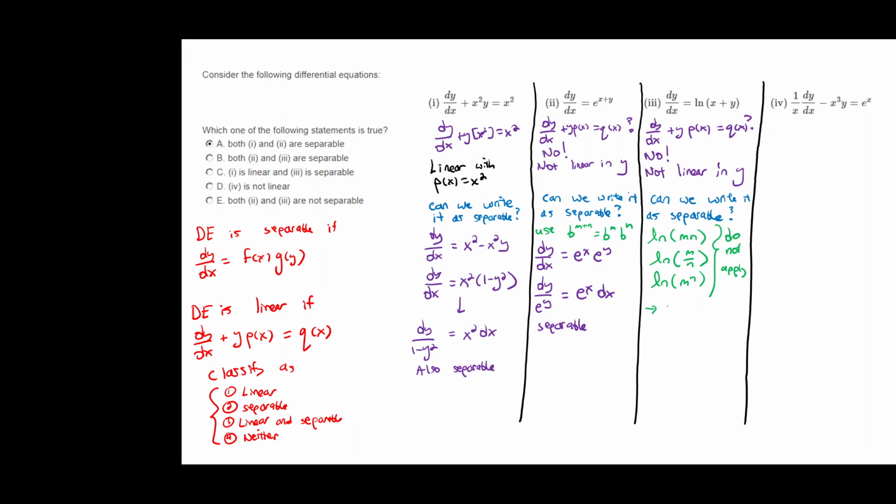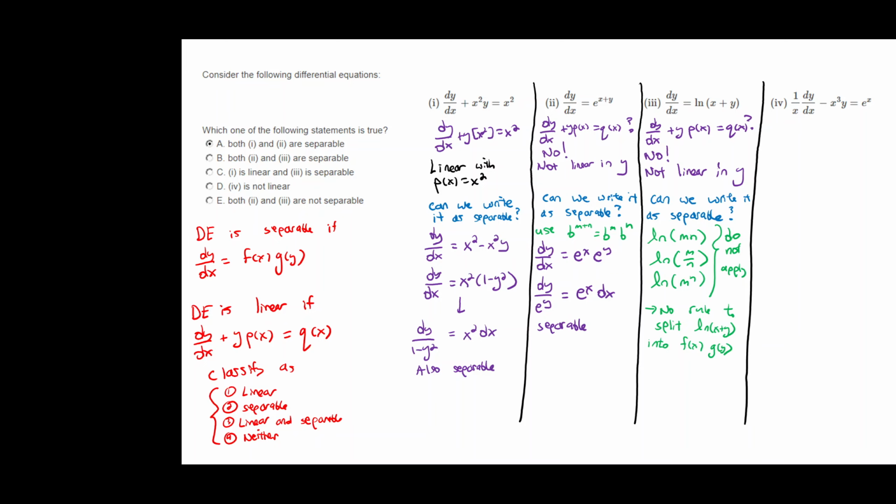There is no rule to split ln of x plus y into f of x times g of y. If it was ln of x multiplied by y, we could split it to ln of x plus ln of y, but that wouldn't help us much either.